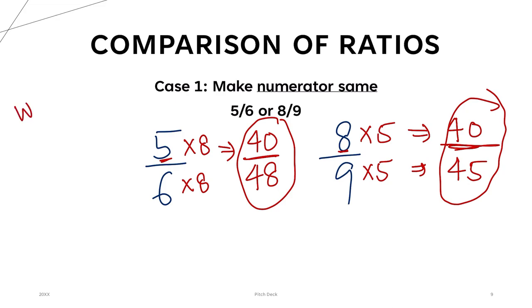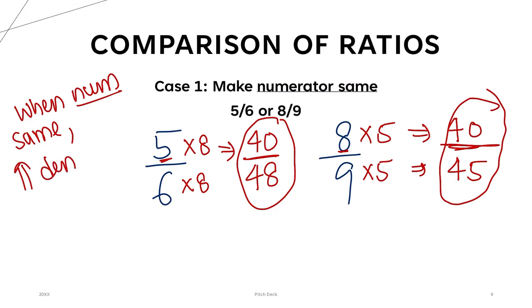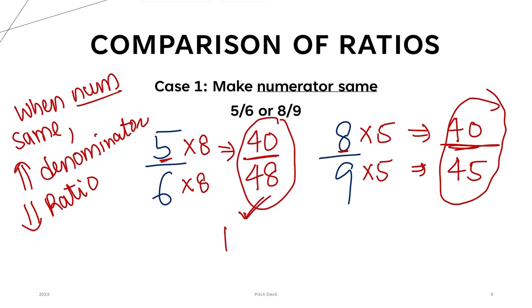So now note this down. When the numerator is the same, then higher the value of denominator, lesser is the ratio. Here we have the higher denominator, so this will be lesser, and this denominator is lower, so this will be the greater ratio.